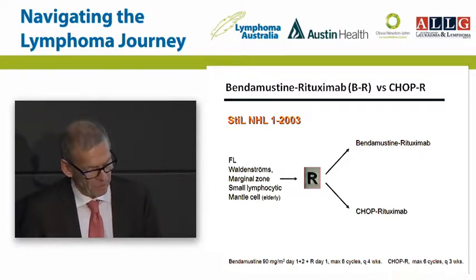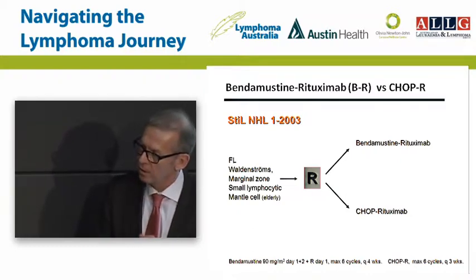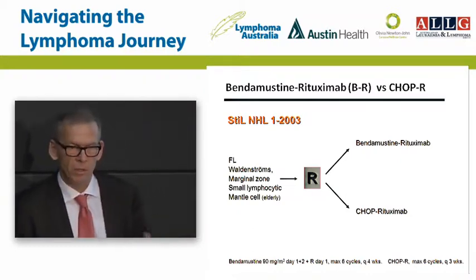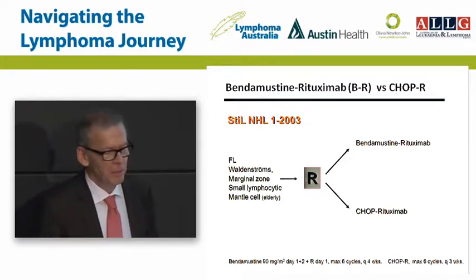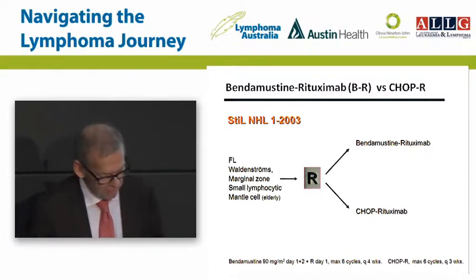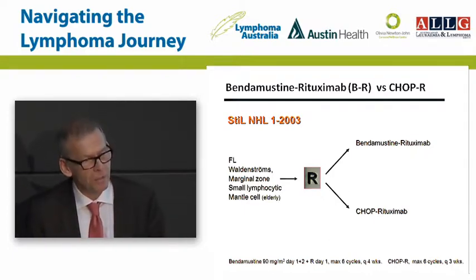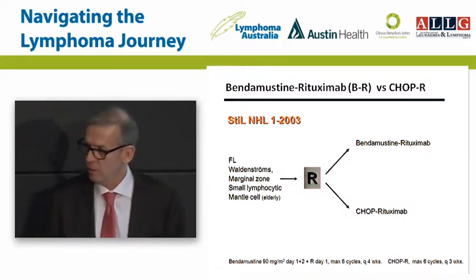And this bendamustine is a mixture of sort of two different drugs, mechanisms, and we from Western Germany were sort of arrogant initially, thought, well, we don't think this drug from East Germany can be very good. But we had to eat our words because the drug is very good. And I will show you a little bit of that.